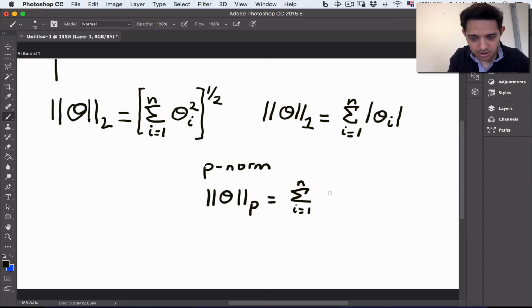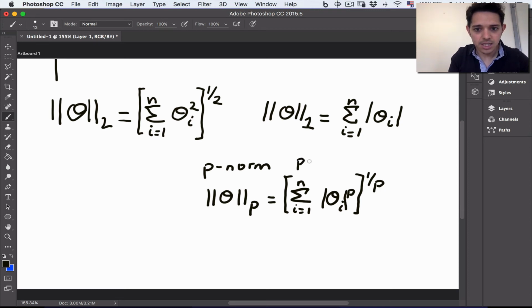We are going to take the elements theta i, put them to the power p, and actually take the absolute value of this. And then the full result we will take to the power 1 over p. Okay, and this is the p norm where p can be 1, 2, etc. This is the definition for the p norm.